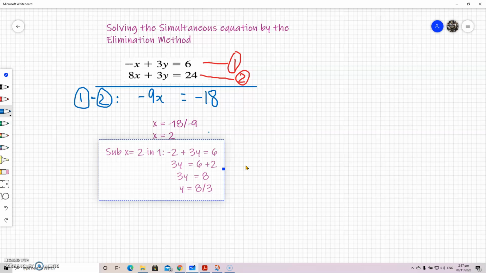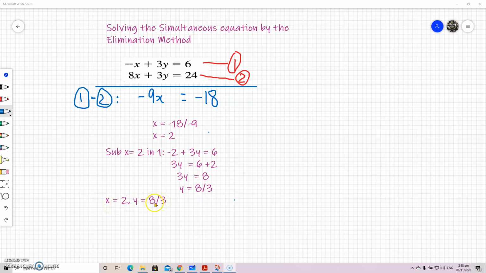So y is equal to 8/3. So now this tells me that x is equal to 2 and y is equal to 8/3.